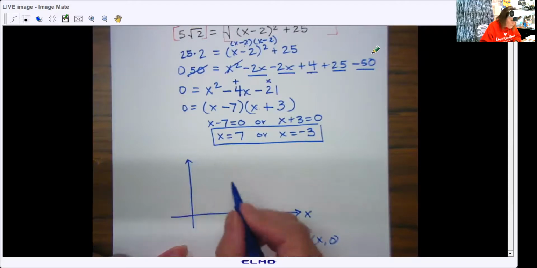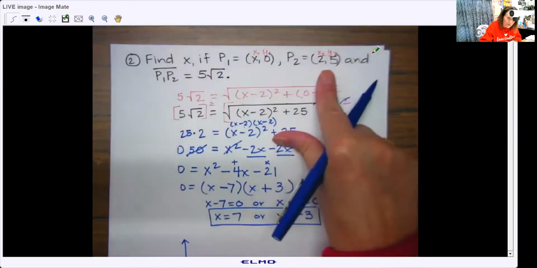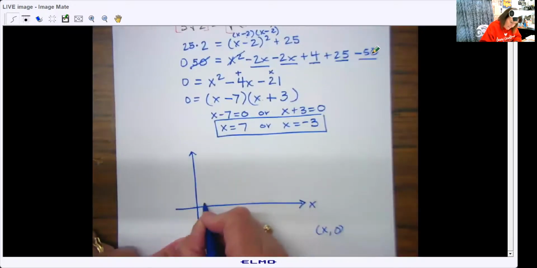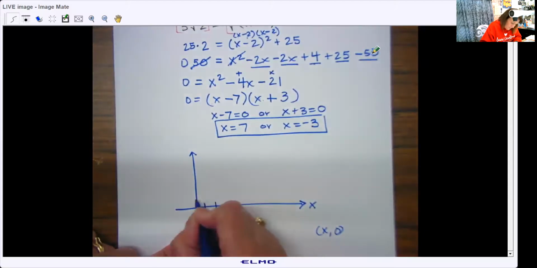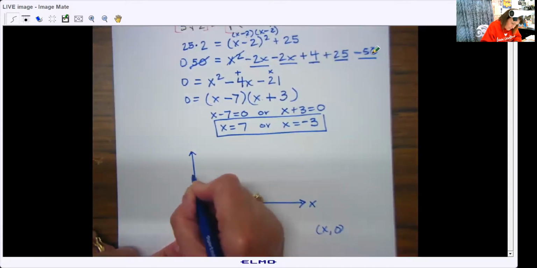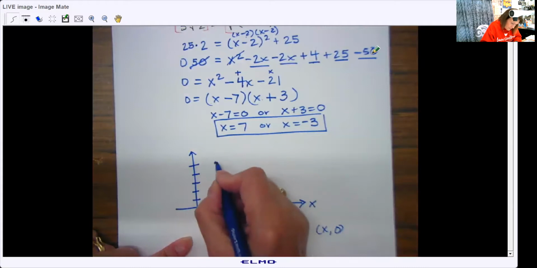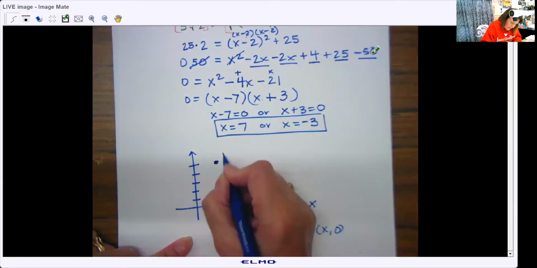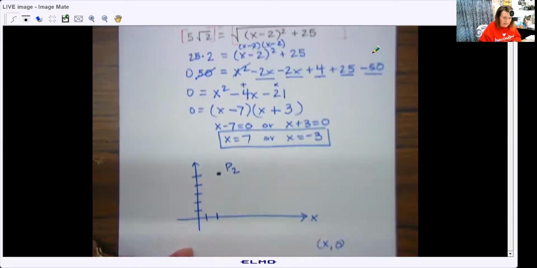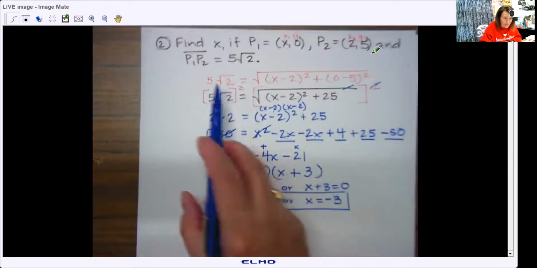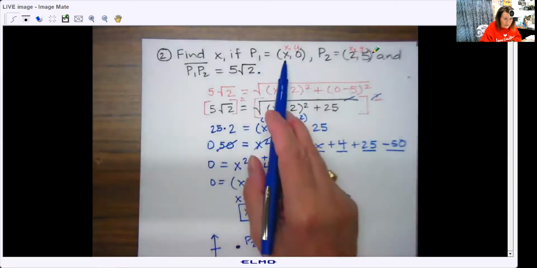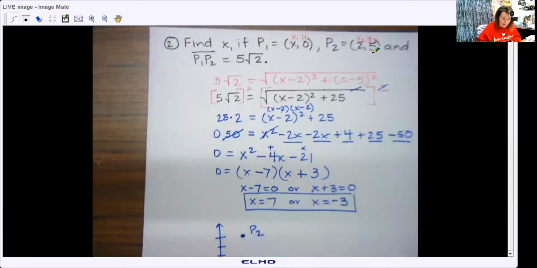And the other point was, let's see, what was it? 2, 1, 2, 3, 4, 5. So here was point 2, and basically we were asked, where is point 1 on this axis?